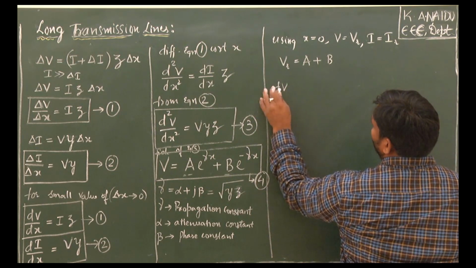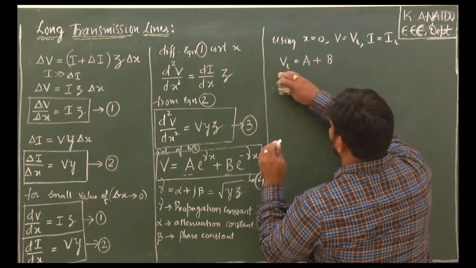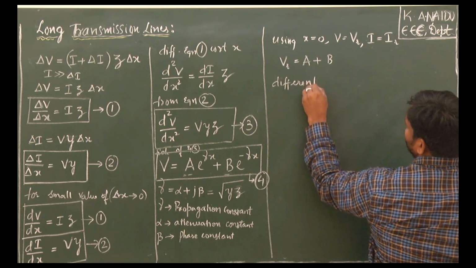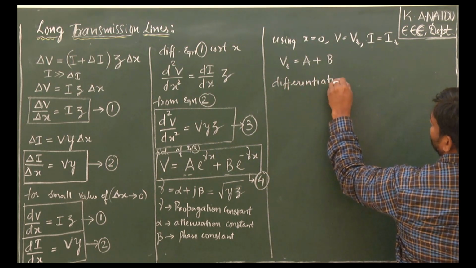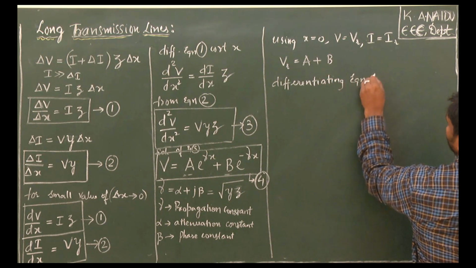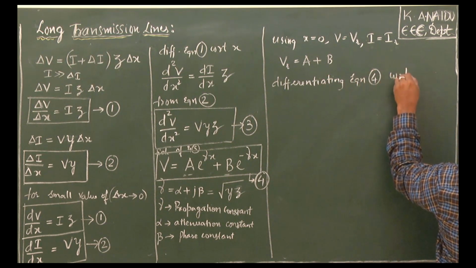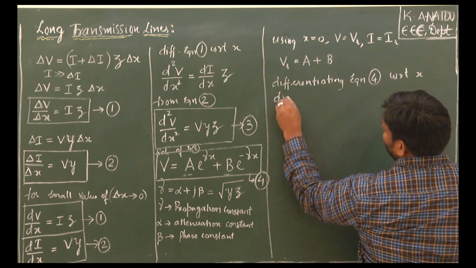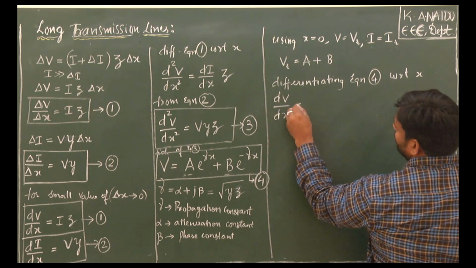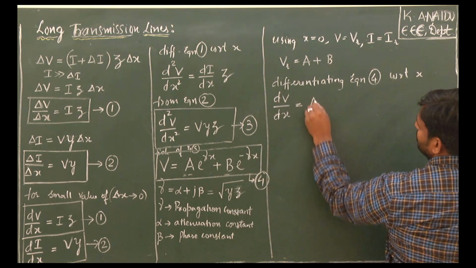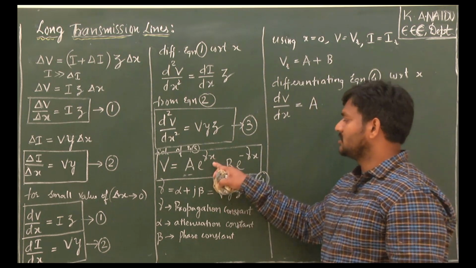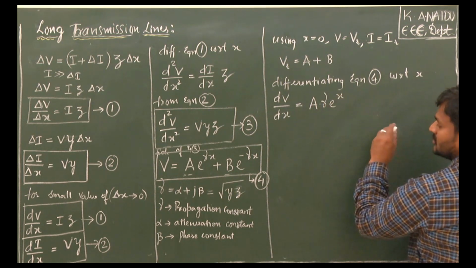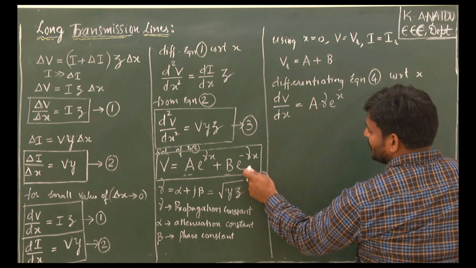So dV by dx is equal to A into, what is the differential of e power gamma x? Gamma into e power gamma x. So it is gamma into e power gamma x plus B into e power minus gamma x.